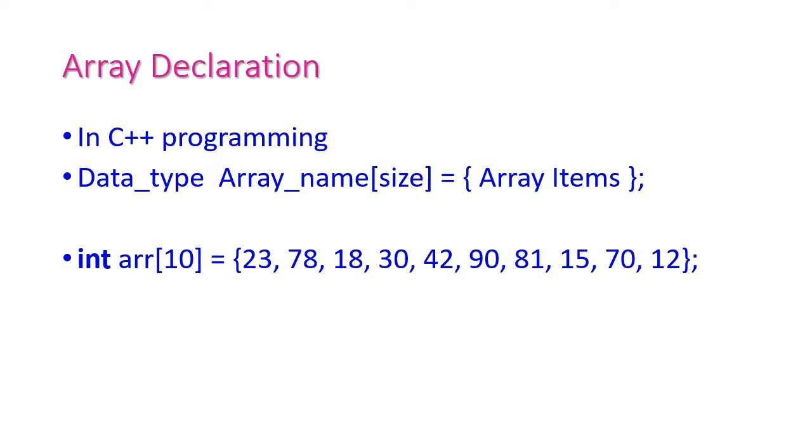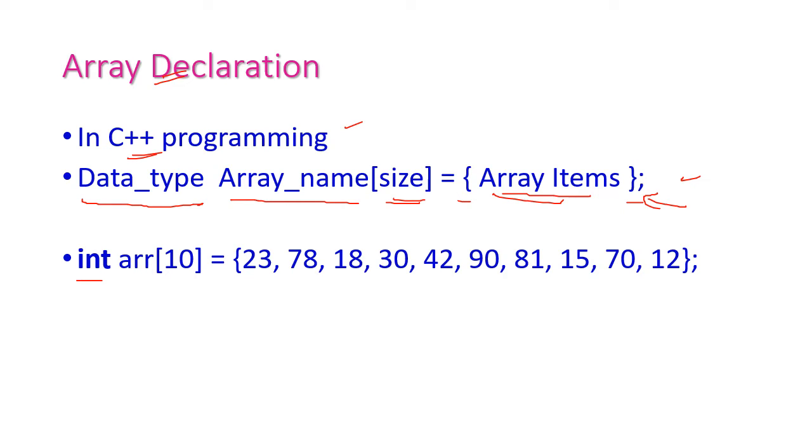The first one is array declaration. How do you declare an array by using C++ programming? The syntax is: first the data type followed by the array name, within square brackets we give the size of the array, equal to, within curly braces we give the array items, and end with a semicolon.